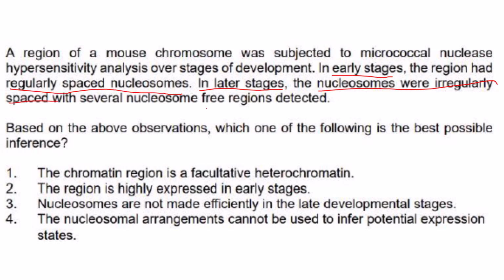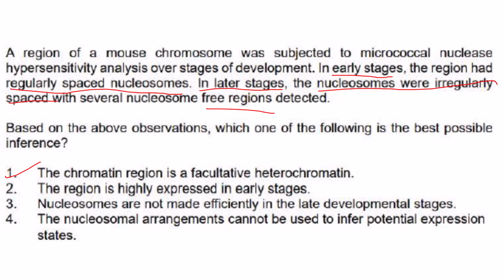And there are free regions also, that is, without nucleosomes. The DNA is getting access to the transcription machinery there. So previously it must have been a facultative heterochromatin, and because of micrococcal nuclease treatment it got converted to euchromatin. So the chromatin region is a facultative heterochromatin, that is correct.